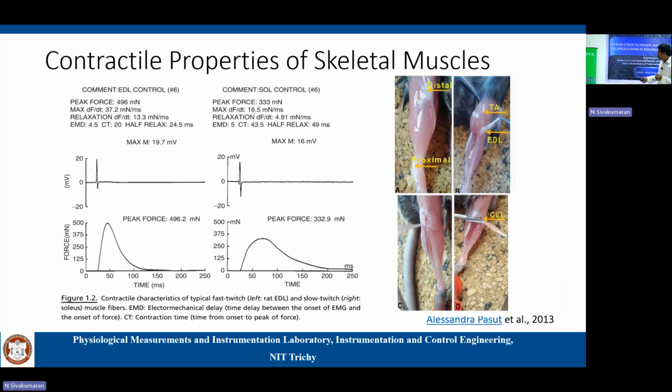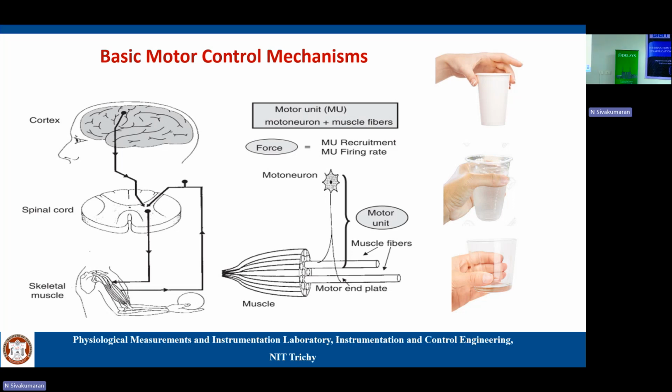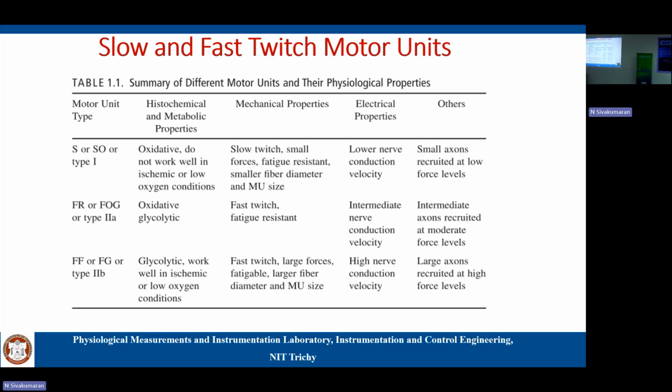Different types of muscle fibers, I'll explain this as well. Generally, muscles are made up of motor units. We have two different types of muscles, which we call slow twitch and fast twitch.